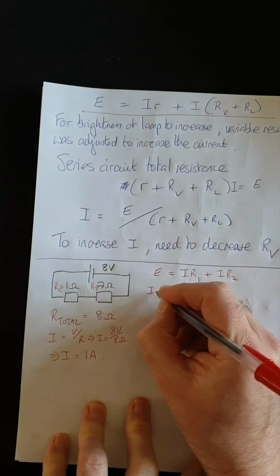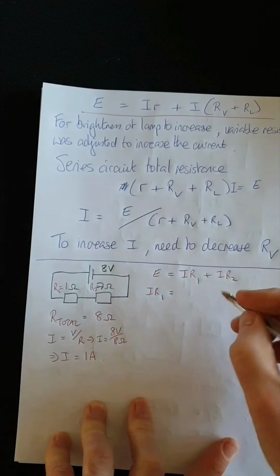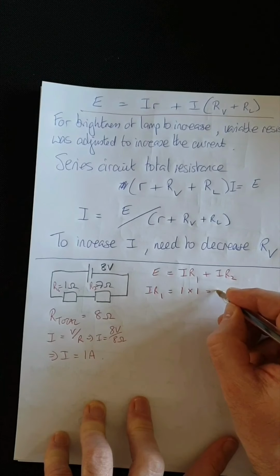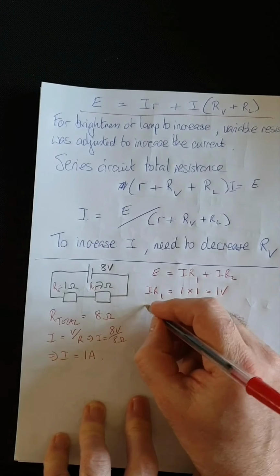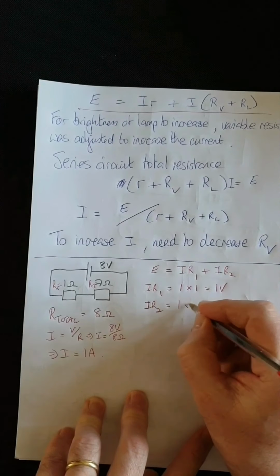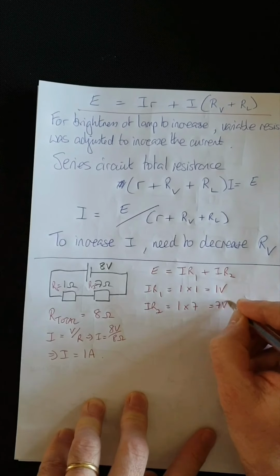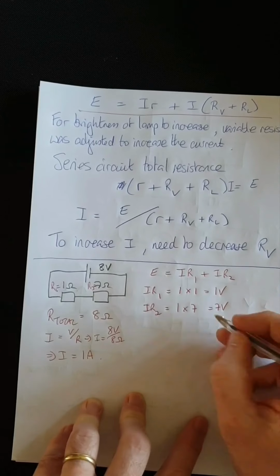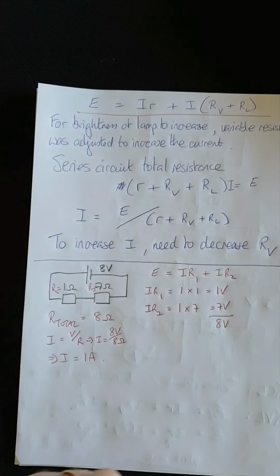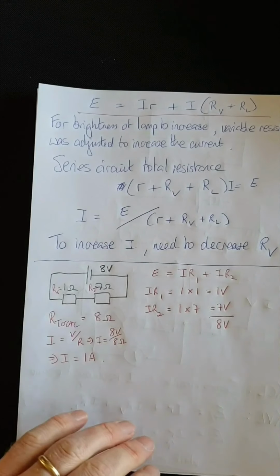So the potential difference across the first resistor is 1 multiplied by 1, which gives me 1 volt, and across the second one is 1 multiplied by 7, which gives me 7 volts. When I add those together, I get 8 volts, as given by Kirchhoff's voltage law.